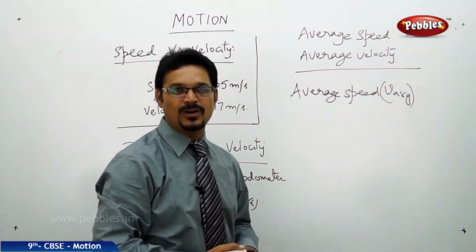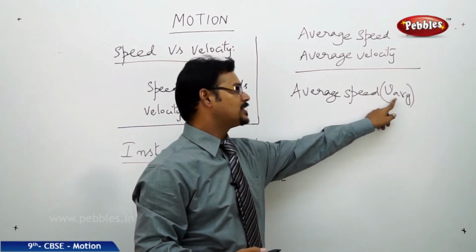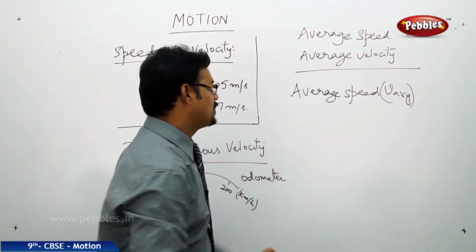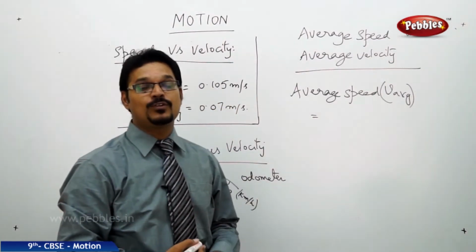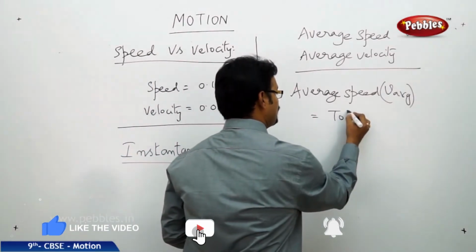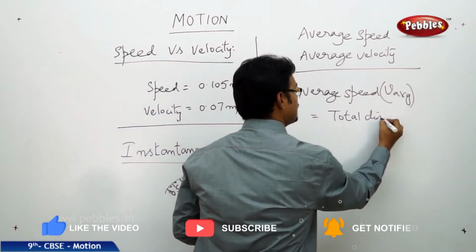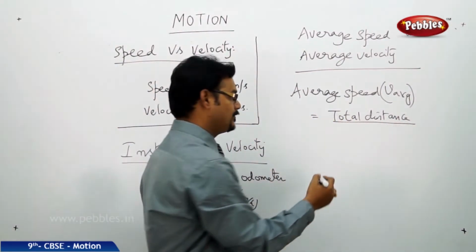You can use any symbol you want. I have used AVG, short form of average, as the subscript of V. The average speed definition is the ratio of total distance to total time, or simply total distance divided by total time.